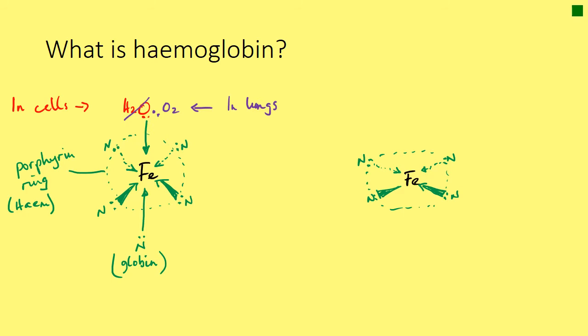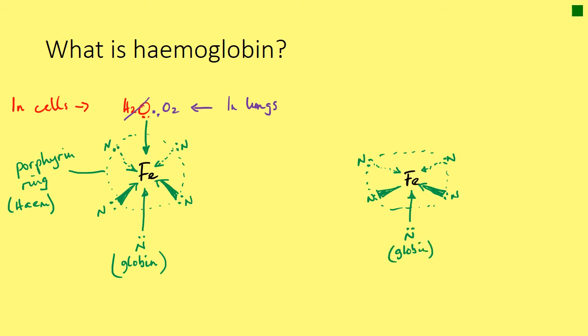This multidentate ligand, of course, being one different protein molecule, and that there has formed our heme. Then we've got our globin molecule, which bonds to the heme part of the molecule by a coordinate bond from a nitrogen atom. So that's our globin, and together they're called hemoglobin.